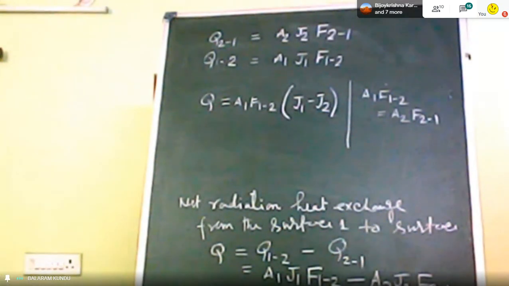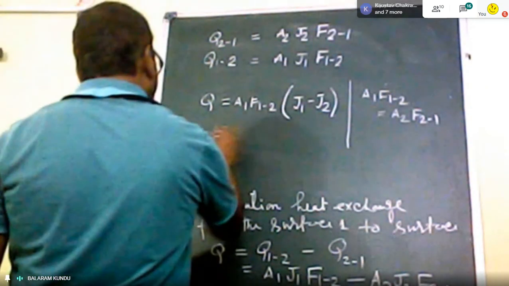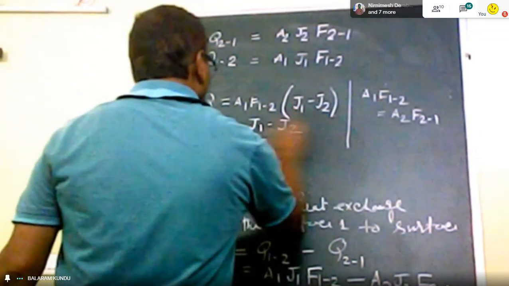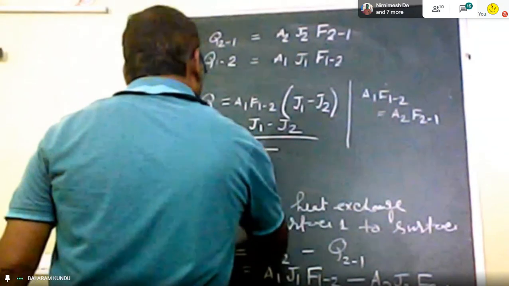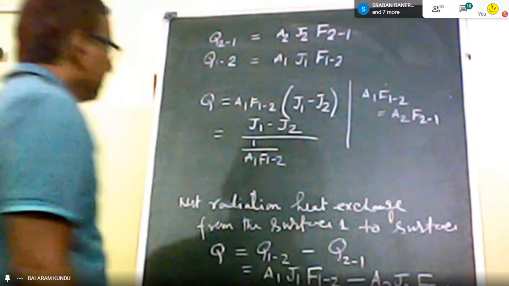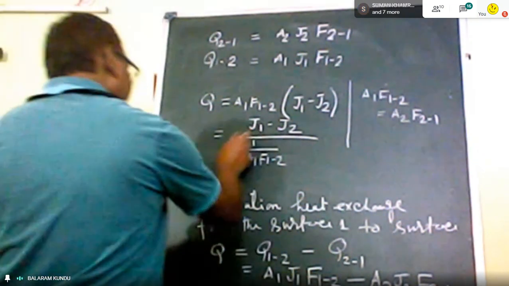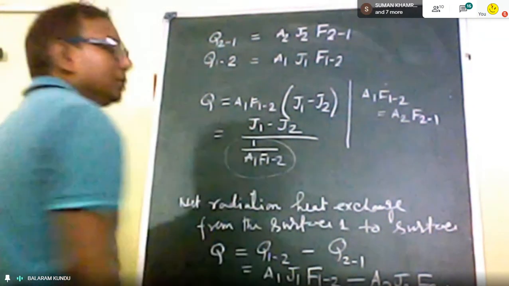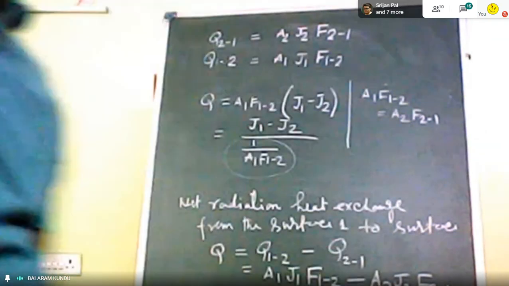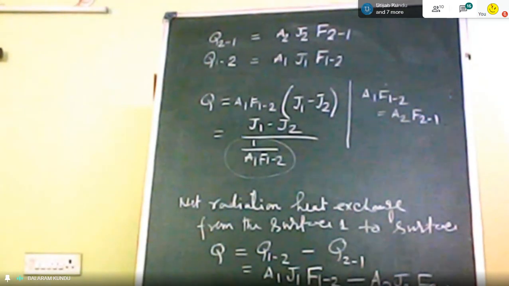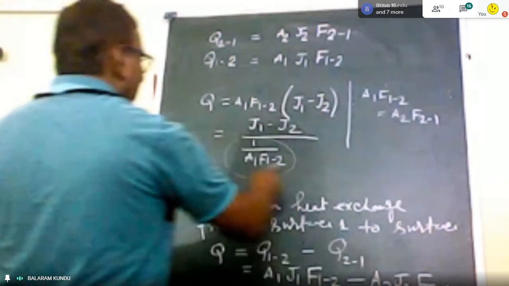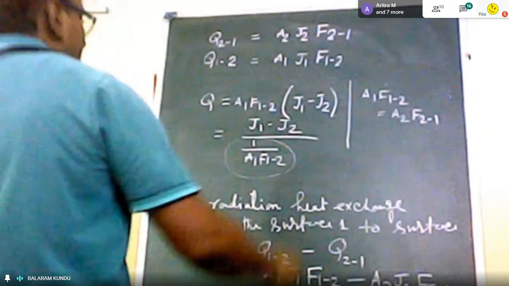So therefore, Q equal to, you can write another way, J1 minus J2 whole divided by 1 by A1 F12. The denominator represents a resistance. This resistance is called the space resistance, 1 by A1 F12.